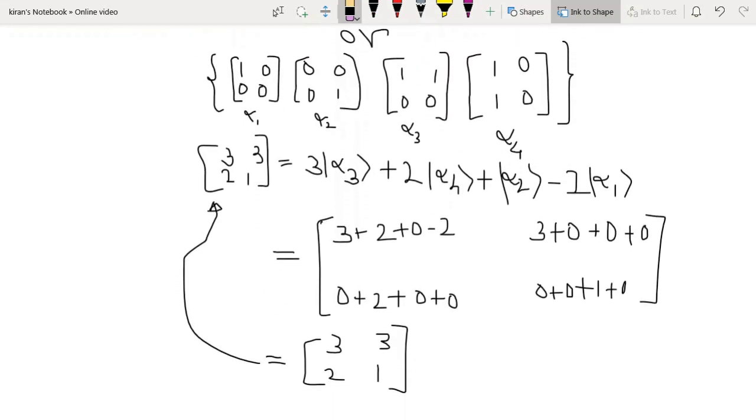Can I represent any other matrix using this? Obviously yes.